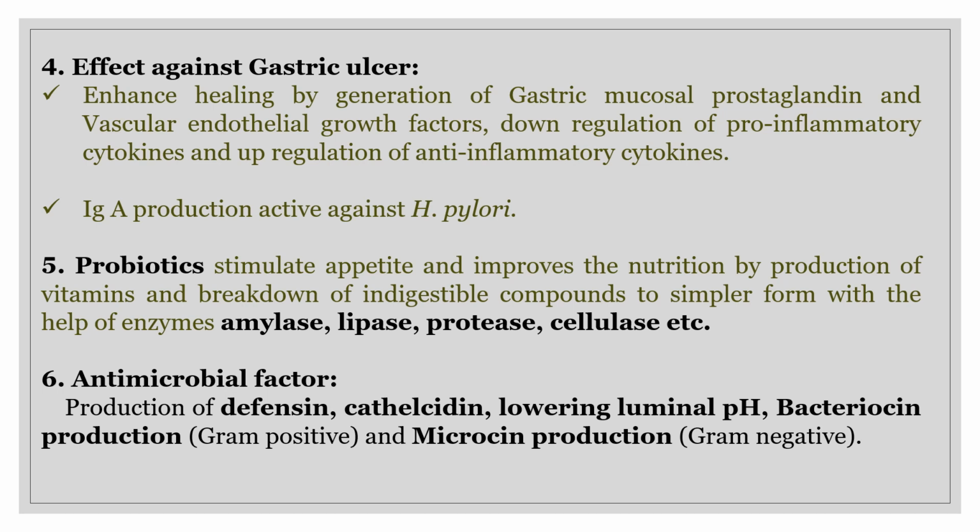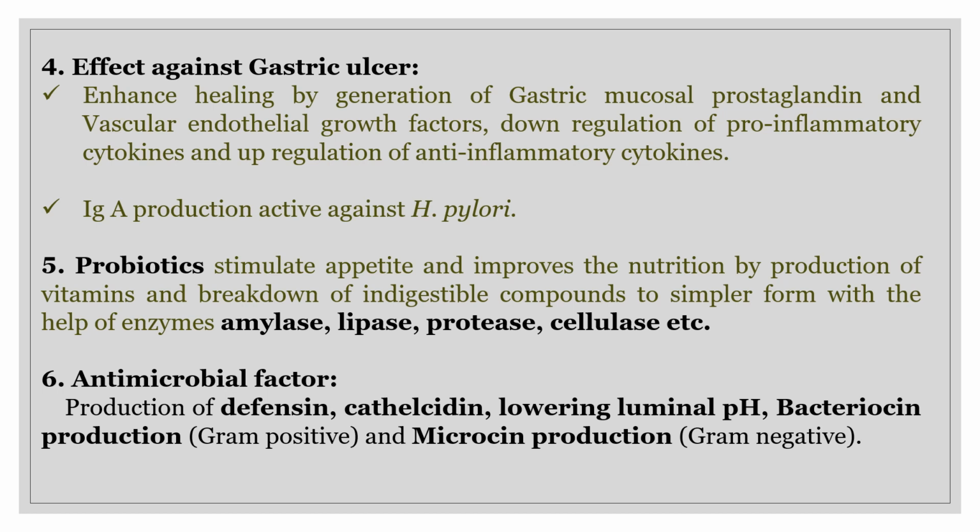And lastly, antimicrobial factors. We have seen this in postbiotics, that probiotics are known to produce some antimicrobial factors, peptides, and short chain fatty acids. After the consumption of probiotics, if these factors are present in the host for a longer period of time, then they will show the effect.